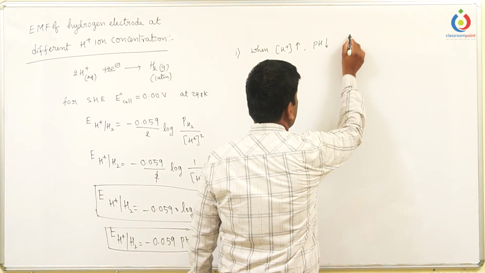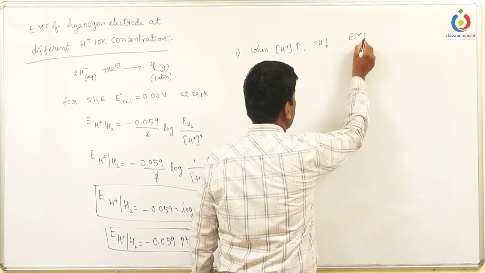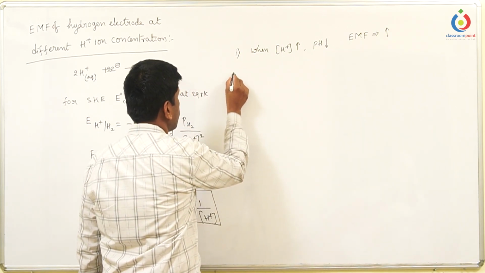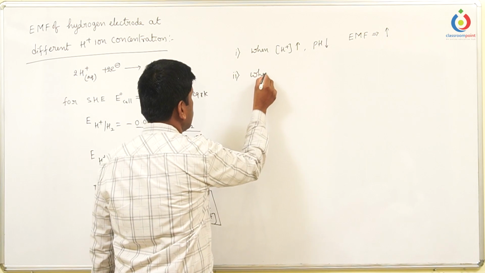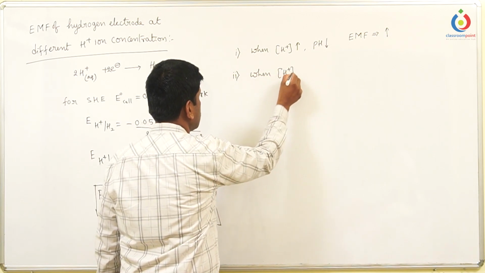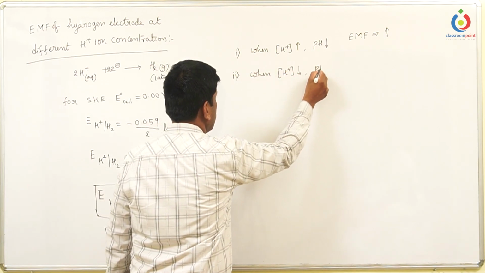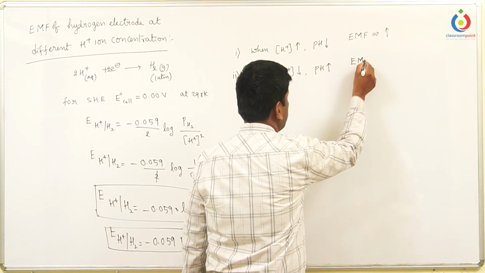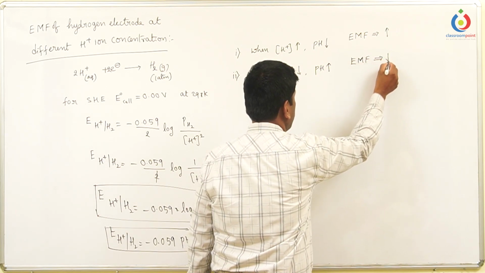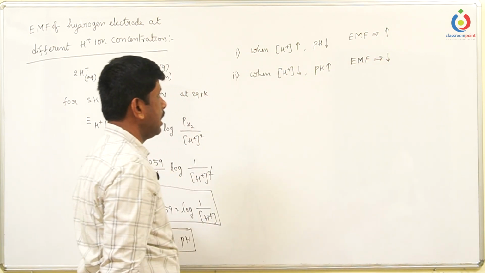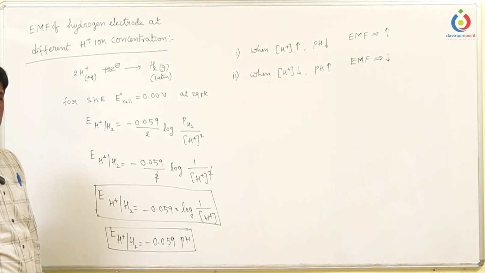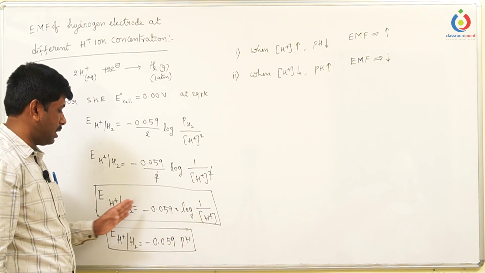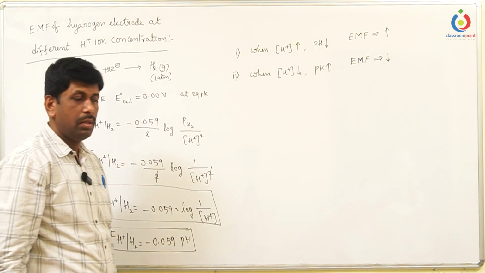That means the EMF of the hydrogen electrode gradually increases. And when the concentration of H plus ion decreases, the pH value increases, so the EMF of the hydrogen electrode gradually decreases. So it is directly related to the concentration of H plus ion. When the concentration of H plus ion increases, EMF increases. When it decreases, the EMF value also decreases.